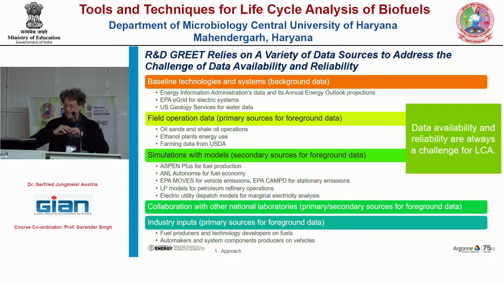For the baseline technologies, power plants and heating plants are all there. Secondly, also field operation and farming data, and also extracting oil and ethanol plants. That is at least very well integrated there.